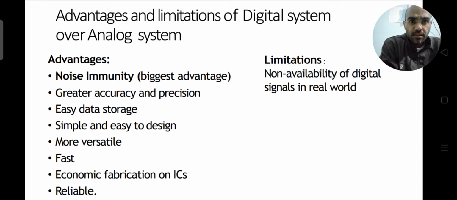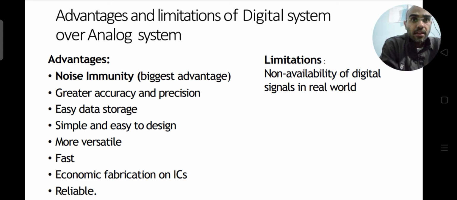The reason is that we only have two levels of logic. If we want to design analog circuits, then we have to take into consideration the various values the analog signal can take. And as we know, the analog signal can take infinite values in the range. It can take any value in the range.